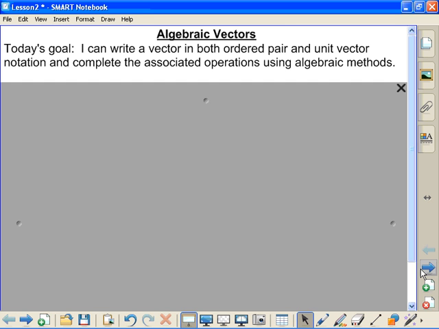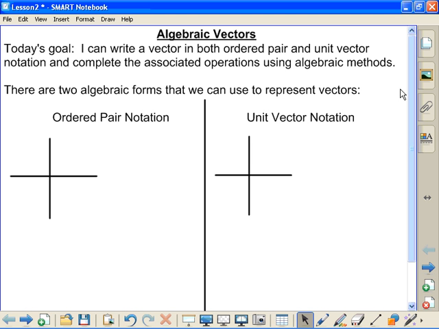So the first thing we need to go through is the two algebraic forms of vectors. One's called ordered pair notation, and the other one is called unit vector notation. So ordered pair notation, if you were to draw a vector, and let's draw them in the same quadrant. If I draw this vector, and the end coordinate here, let's pick a couple easy numbers. So that looks like a 5 and a 4.